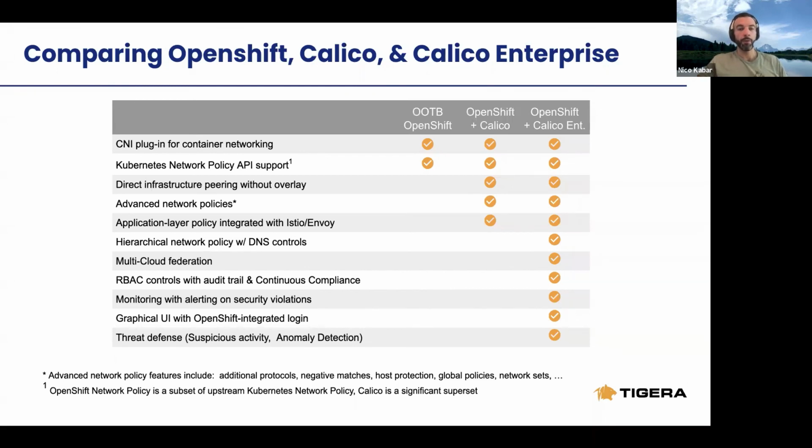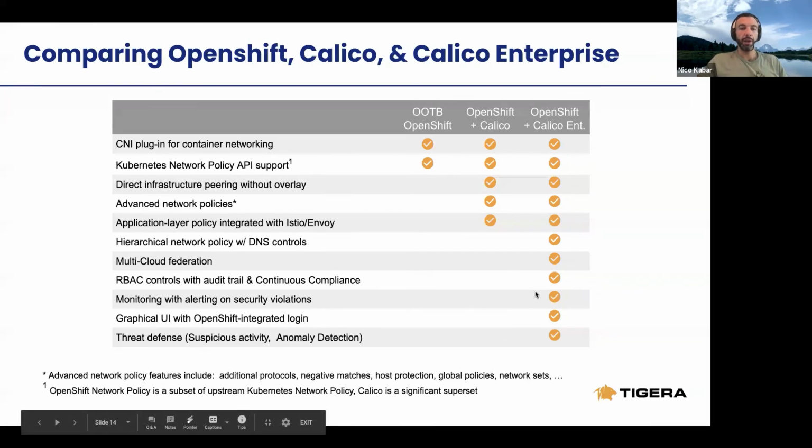Of course, everything is RBAC-backed, with detailed audit trail and audit reporting and continuous compliance reporting for all things networking within your environment. So those are a few areas where Calico can help with your OpenShift.